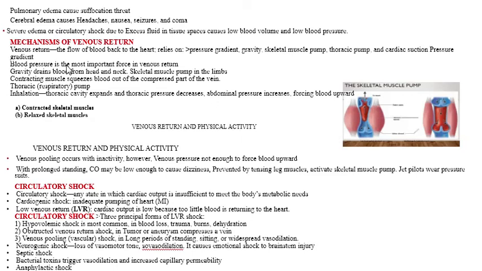Skeletal muscle pump: this picture gives you an idea how the muscles can squeeze the veins, or venous blood, through the veins. So when there is contraction, it will pump the blood against gravity to the heart.